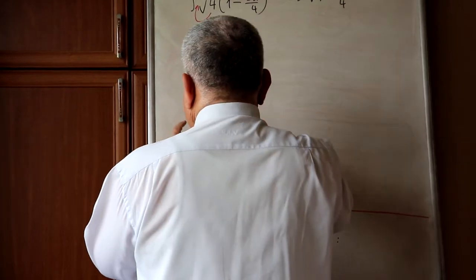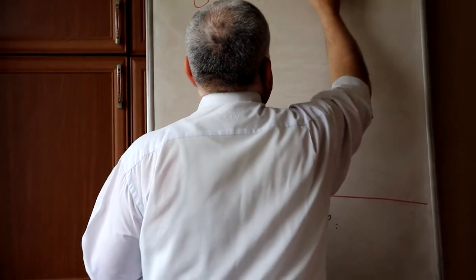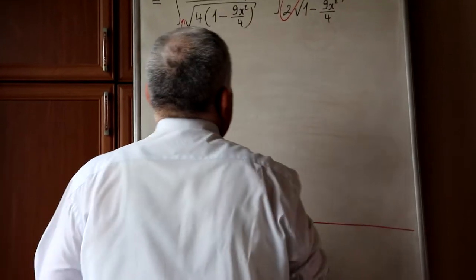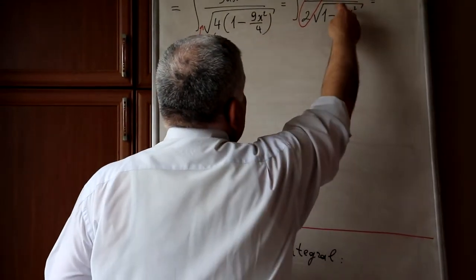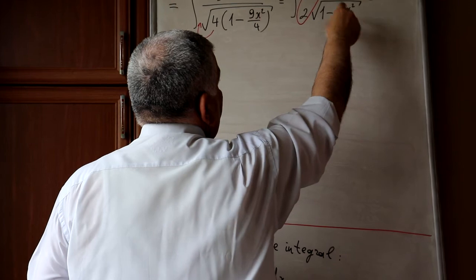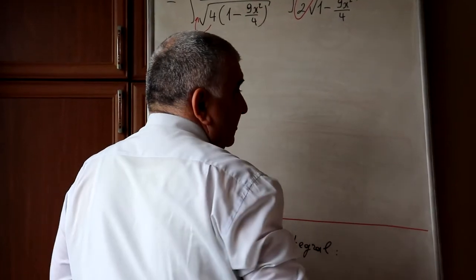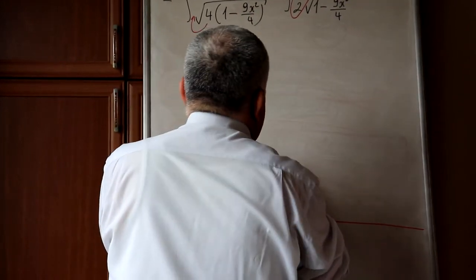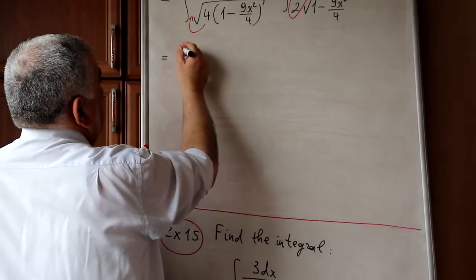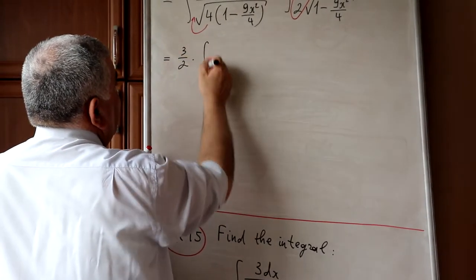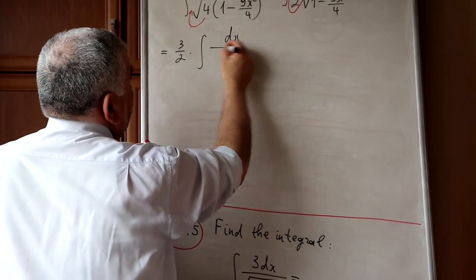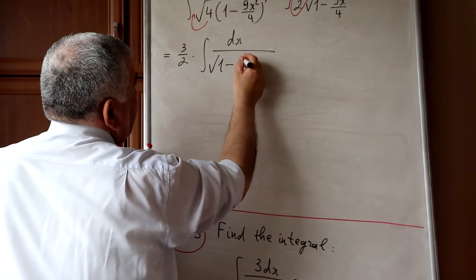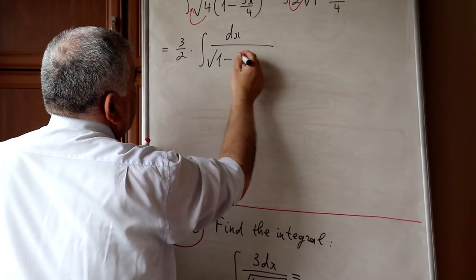Then take 3 halves out of the integral symbol and unite 9x squared over 4 under the common square. Then 3 halves multiplied by the integral of dx over square root of 1 minus (3x over 2) squared.